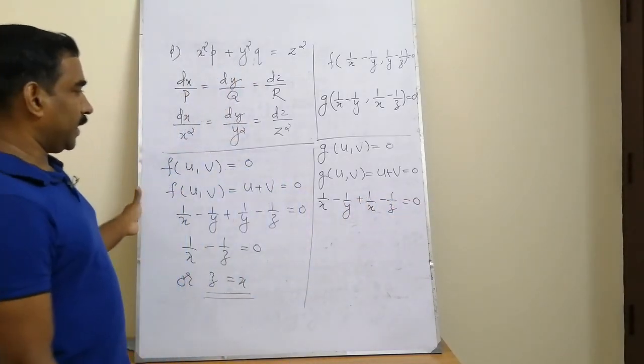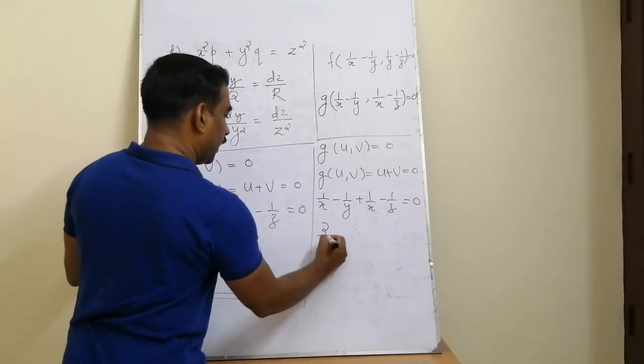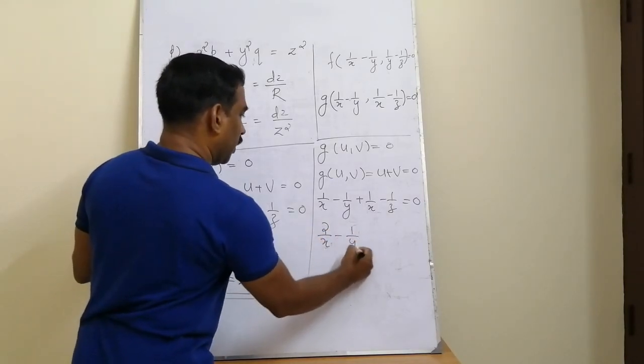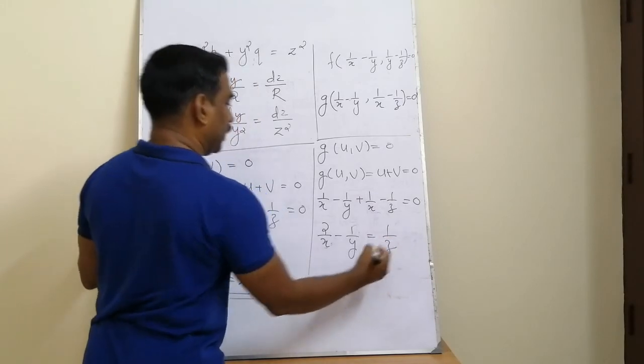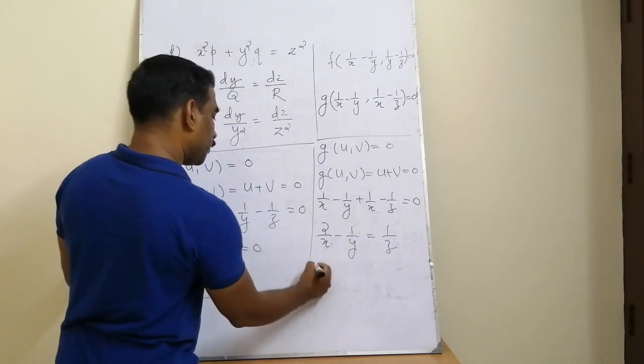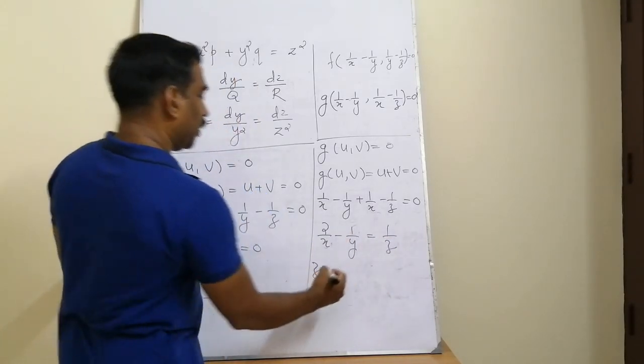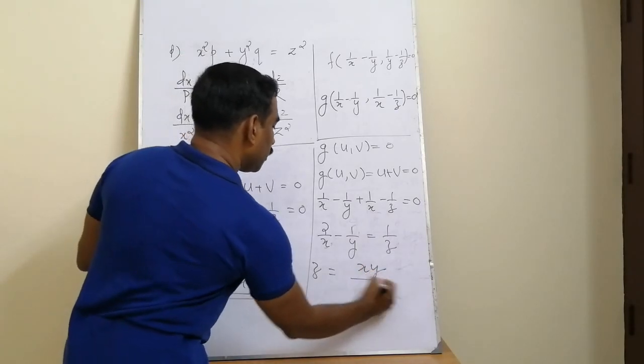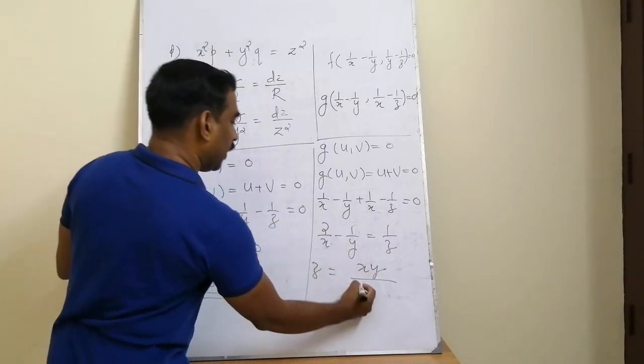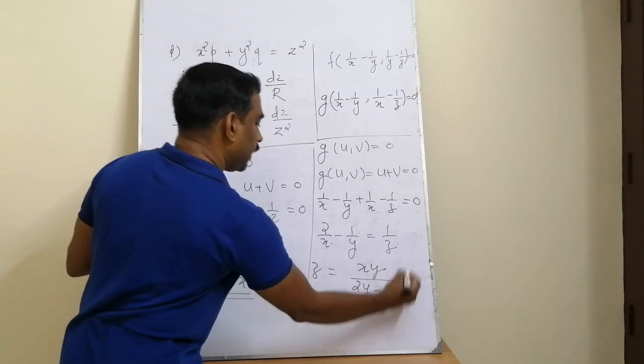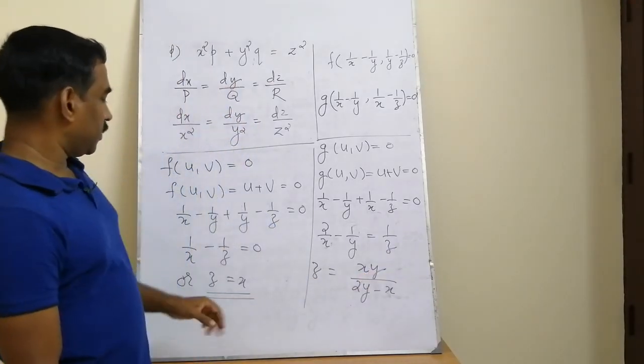Here no term gets cancelled, so we have 2 by x minus 1 by y is equal to 1 by z, or taking reciprocal, z is equal to xy divided by 2y minus x. See, this is an entirely different surface.